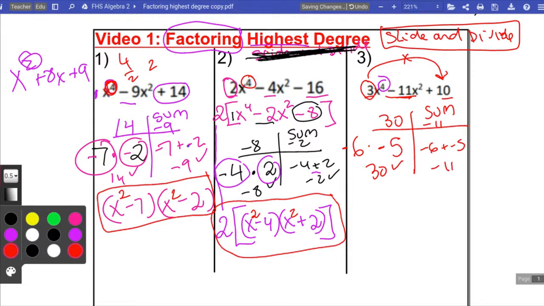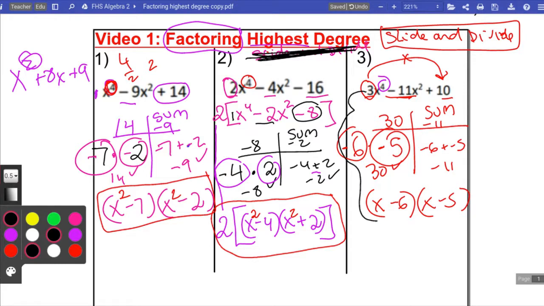All right, so now let's put them in parentheses. X, X, negative 6 right here, negative 5 right here. Don't forget to bring the slide and divide, bring that 3 back in the game right here. So now this right here can easily divide, and that would make a 2.